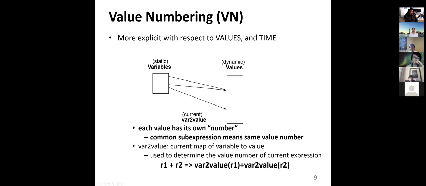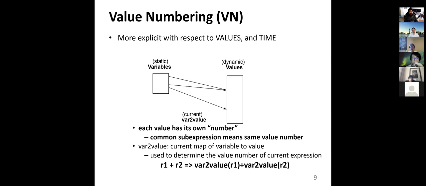So the way it's implemented is a simple hash table. Each value essentially has its own number, and a common sub-expression means the same value number. So essentially, we create an array or a table called variable to value that has a mapping of every variable as you go through the code.